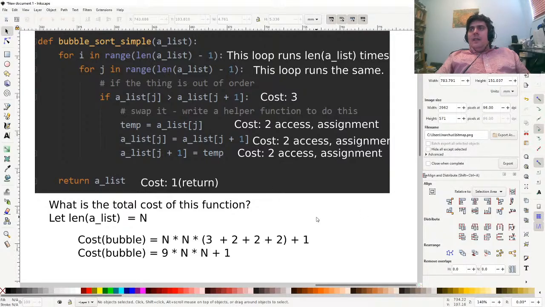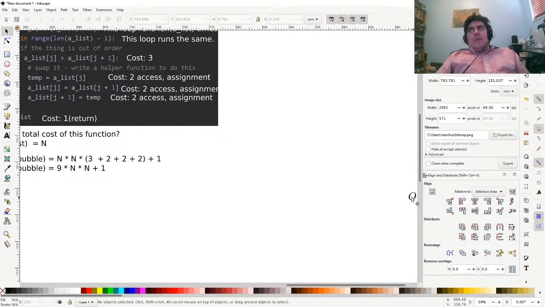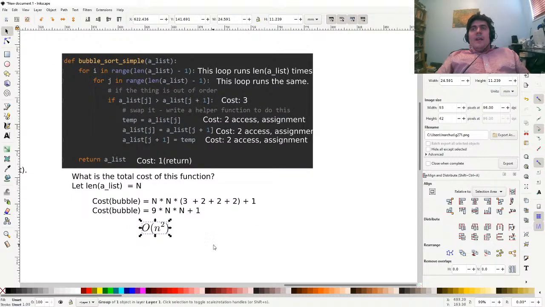Yep, I mean, basically, that's exactly right. The cost is some proxy for the number of operations that we're doing. And so what I'm going to say is that this is an O of n squared operation, or function.